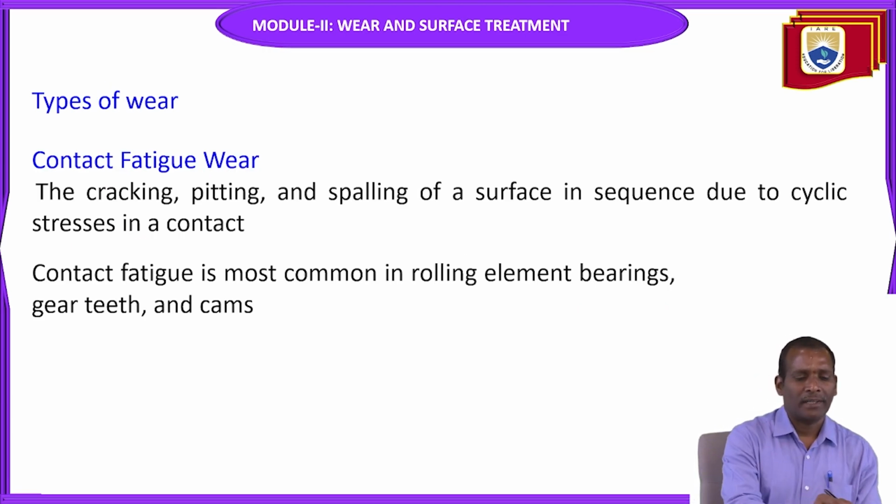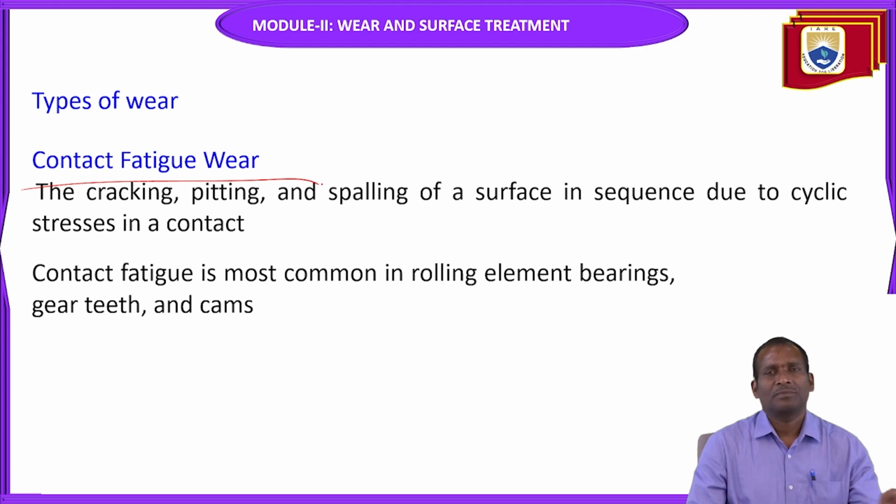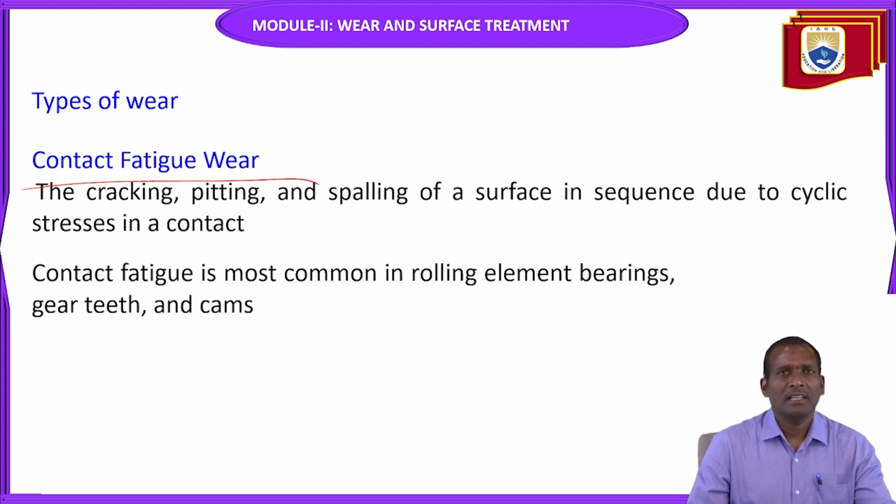Next one is contact fatigue wear. It is the cracking, pitting, and then spalling of a surface in sequence due to cyclic stresses in a contact. Whenever there is a crack on a metal surface, there will be fatigue wear, pitting also, and spalling is possible due to the cyclic, repeated stresses, that is, loading and unloading conditions.